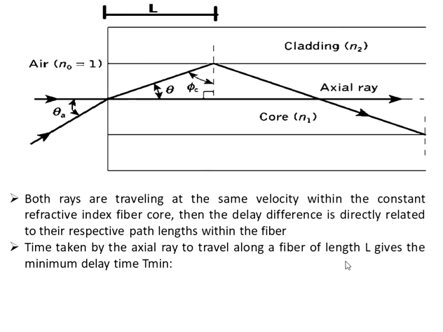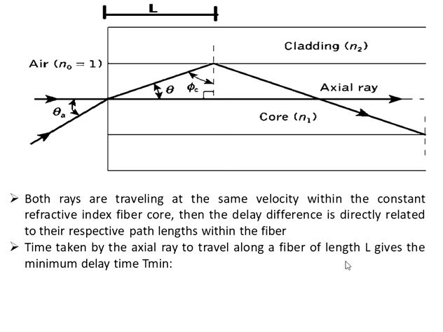If we consider the axial ray, it will require the minimum time to reach the end of the fiber or to cover the distance L, and the extreme meridional ray will require the maximum time to reach the same point.